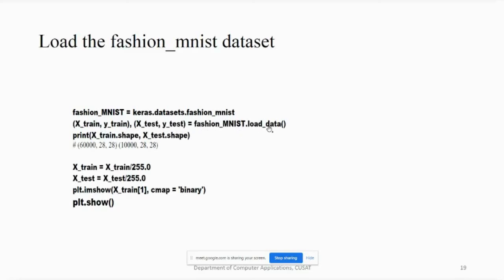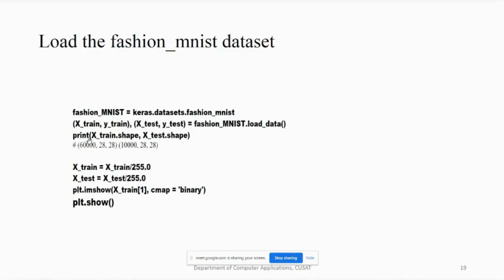That means when we use this load_data, around 70% of the images are mapped onto the training data, and the remaining objects are mapped onto the test data. Then after loading, or creating, the training data and test data, we can visualize the size of the training data set and size of the test data set.